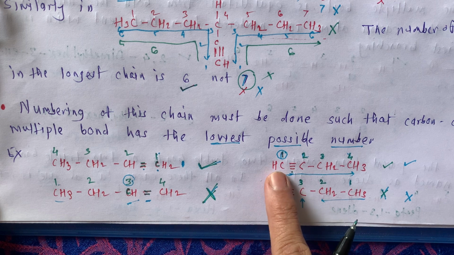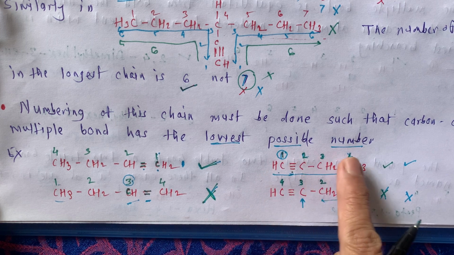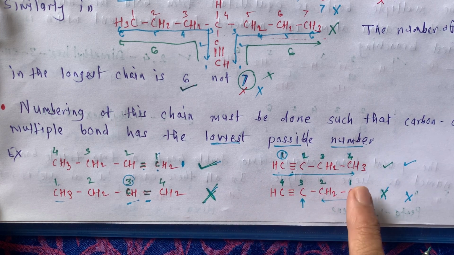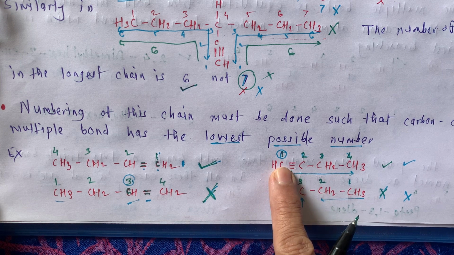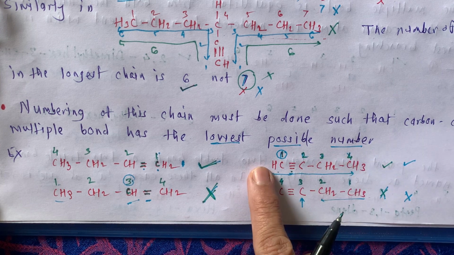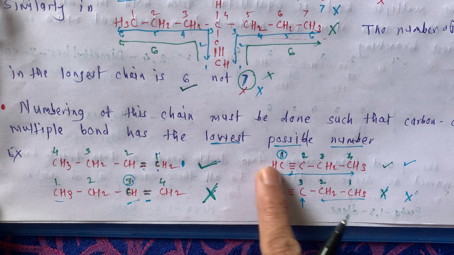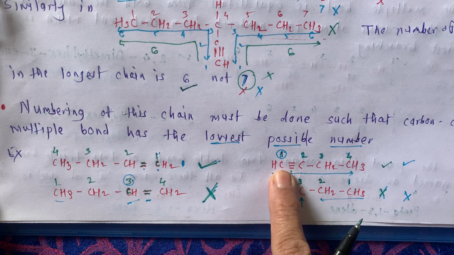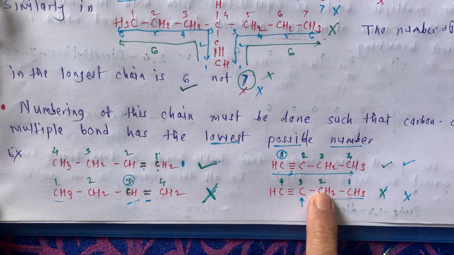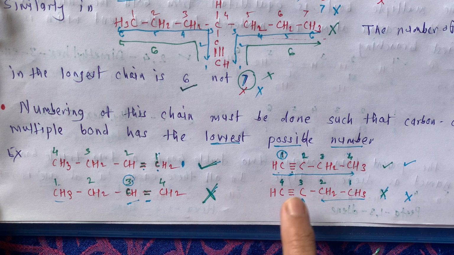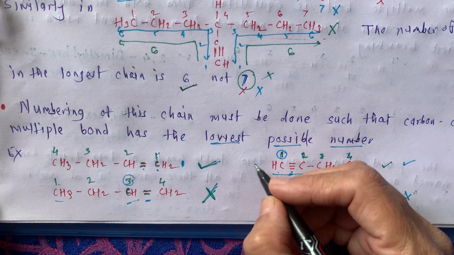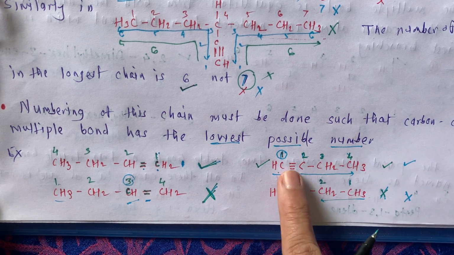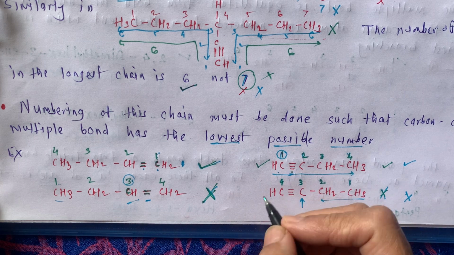Similarly here, if you number from the left end, then the triple bond is on the first carbon. If you number from the right end, then the triple bond is on the third carbon. So you should think about this numbering, not this one.